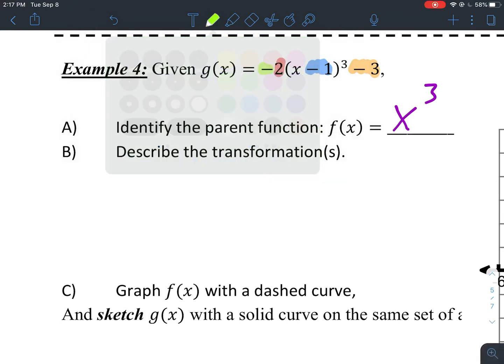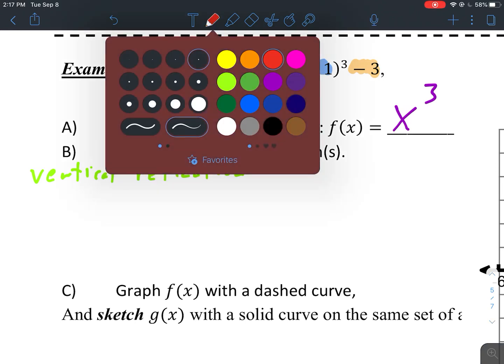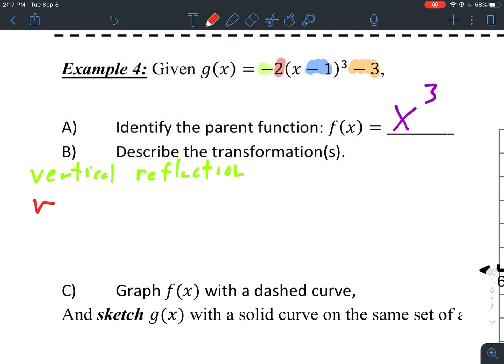The first one, the negative sign, that is a vertical reflection. The second one, the 2, that is a vertical stretch by a scale factor of 2.